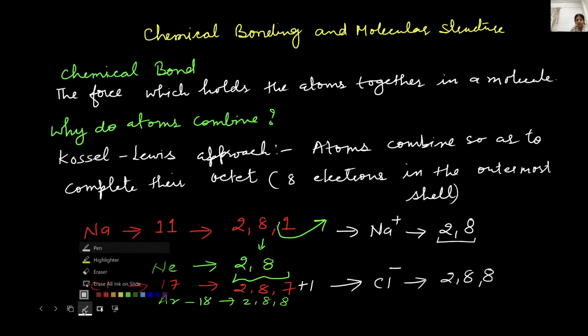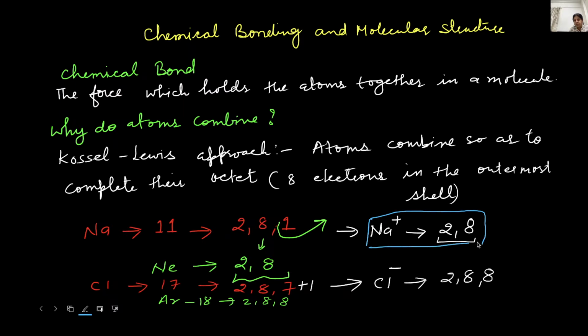Now see one aspect here, students: sodium has lost one electron to achieve the octet, and chlorine has gained one electron to achieve the stable octet configuration. Now there will be positive and negative charges on the respective atoms.